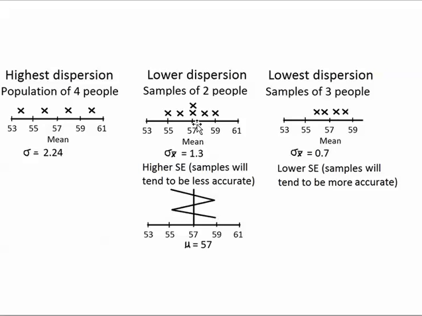So if I keep sampling 2 people from here over and over again, and each time I calculate the sample mean, my sample means will change more from one outcome to the next. Sometimes I'll get 55. Sometimes I'll get 59 up here. Sometimes I'll get 55 again. Sometimes I'll get 56 again.